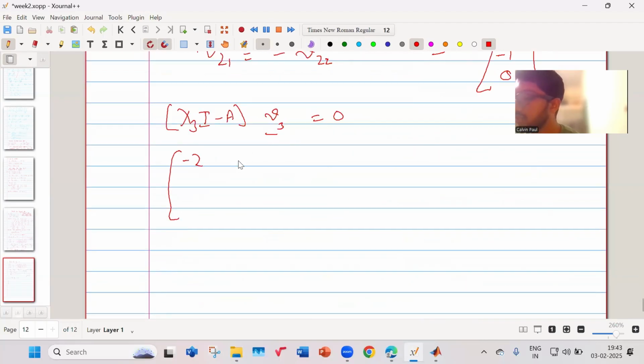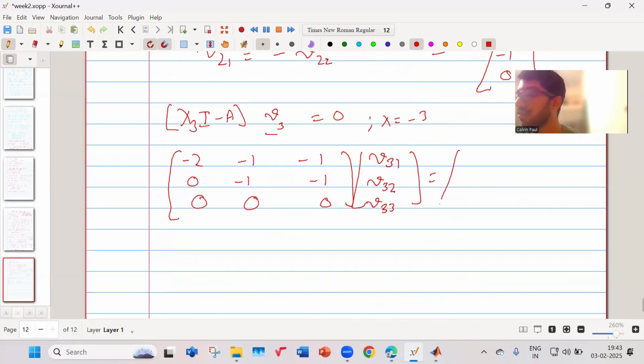So this is minus 2, minus 1, minus 1, 0. Then minus 3 plus 2 is minus 1, minus 1. Then you have 0 0 0, right? Into V31, V32, V33 is equal to 0, 0, 0.